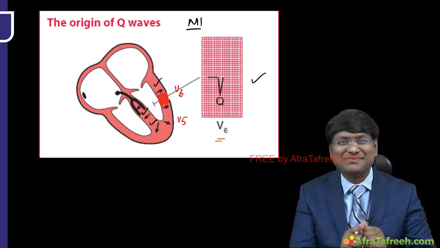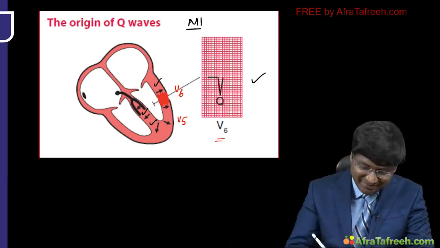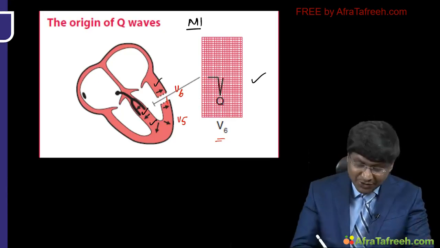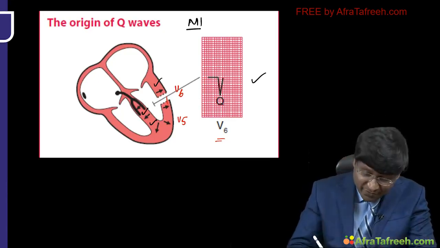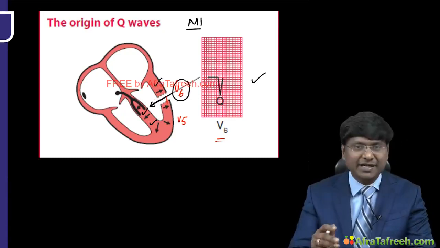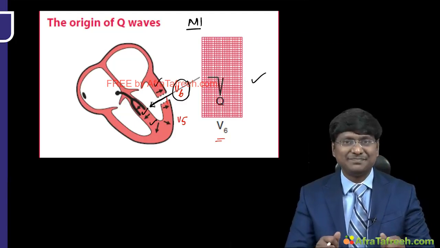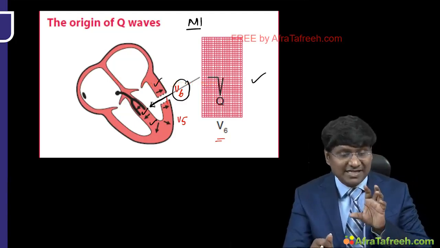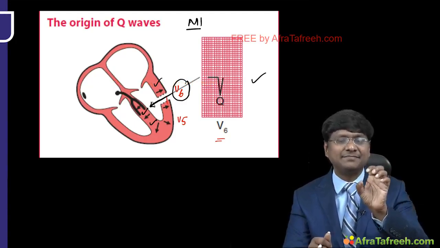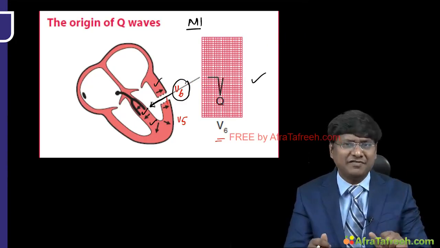Now, whenever there is myocardial infarction, remember this particular window gets opened, right? So this lead V6 is now directly able to pick up the electrical activity from the septum. When V6 is directly picking up the electrical activity from the septum, septal depolarization is away from V5, V6.